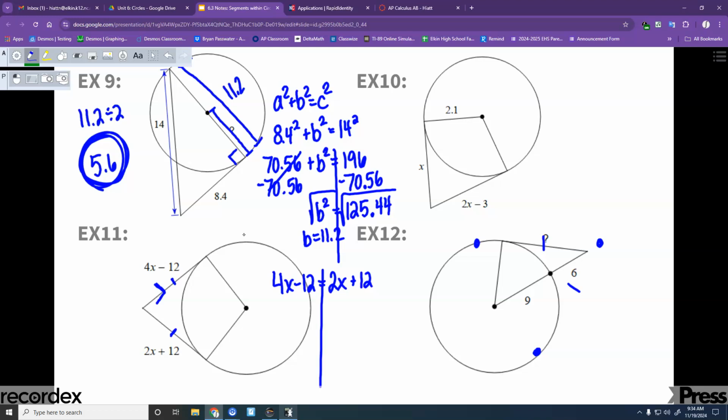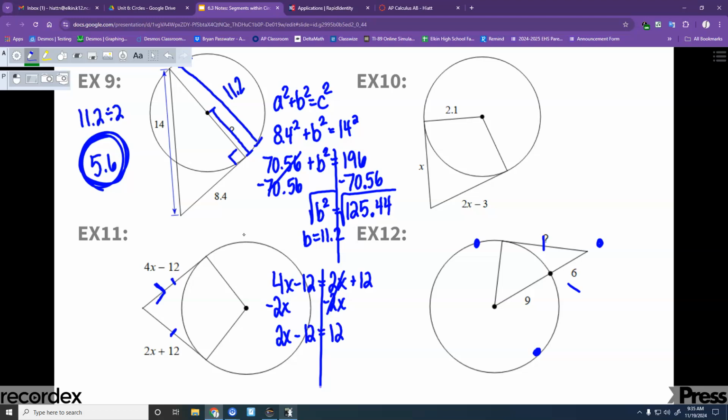Jeremy, how would I solve that equation? I mean, yes, but which one from which side? So you're going to subtract 2x or subtract 4x? Okay? It doesn't matter. You can do it either way. I would do it this way so that you don't have to have a negative.